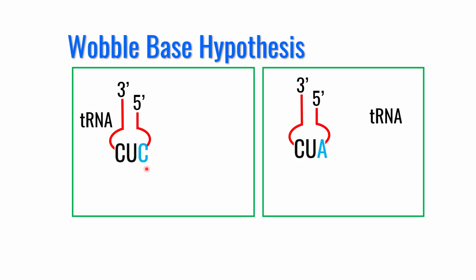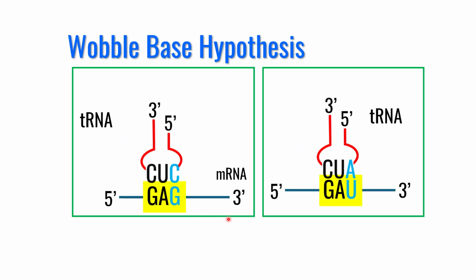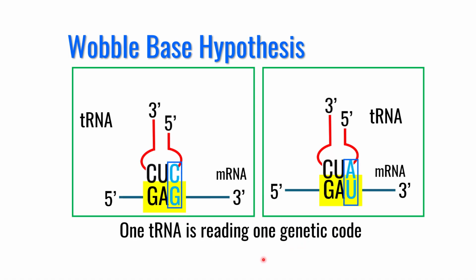When you have C or A as the first base of the anticodon, it can bind with the third base as G or U of the corresponding genetic code. This is normal base pairing, there is no violation, and therefore in this situation one tRNA will read only one genetic code.